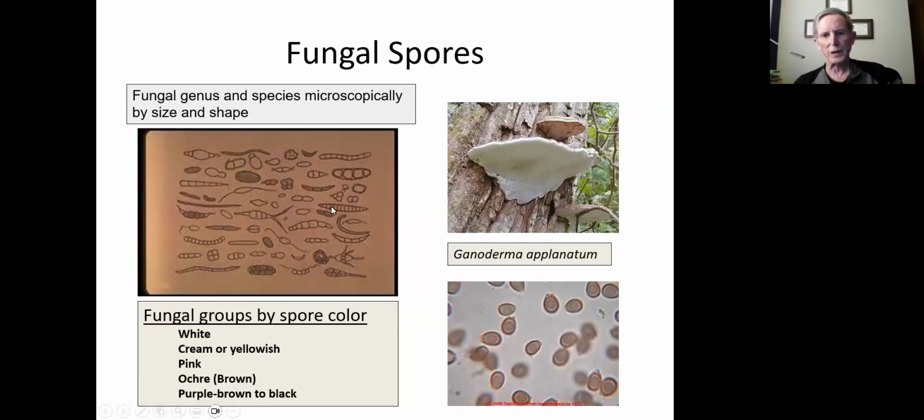These are some of the different shapes, and you'd go and look under a microscope, and that would define what you had. And the reason I'm harping on this a little bit is because spore formation and how you get the spores out there is really fundamental to how the fungal body, fruiting body, as we call it, as we'll go through briefly here shortly, is how it evolved.